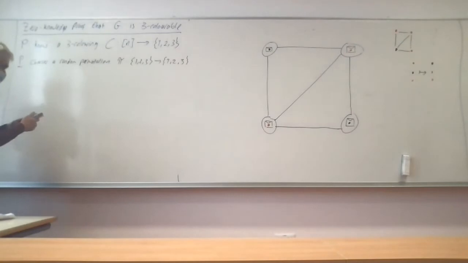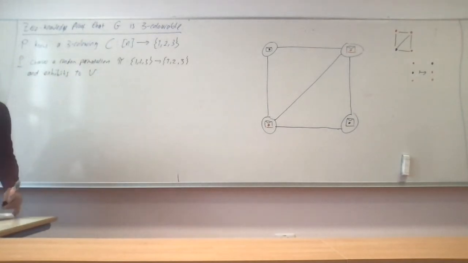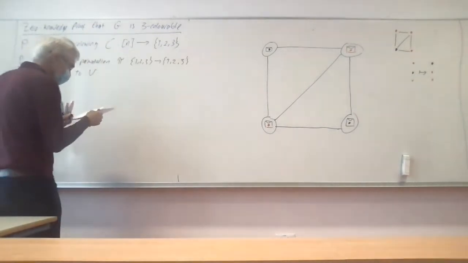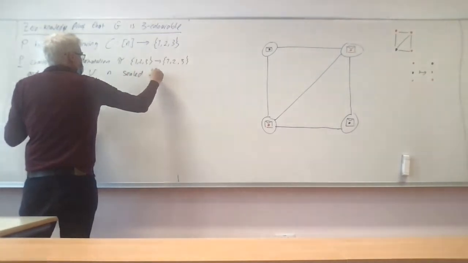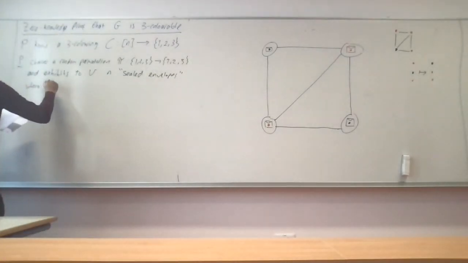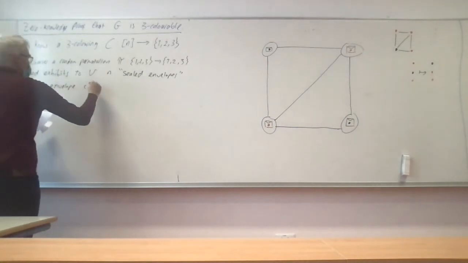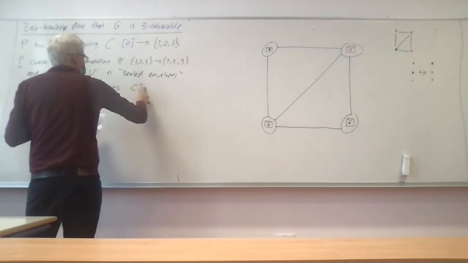Okay, so let's see how I've written this. P chooses a random permutation pi on the colors and exhibits n sealed envelopes, one for each vertex, where envelope i contains inside it pi of C of i, the permuted color of C of i.